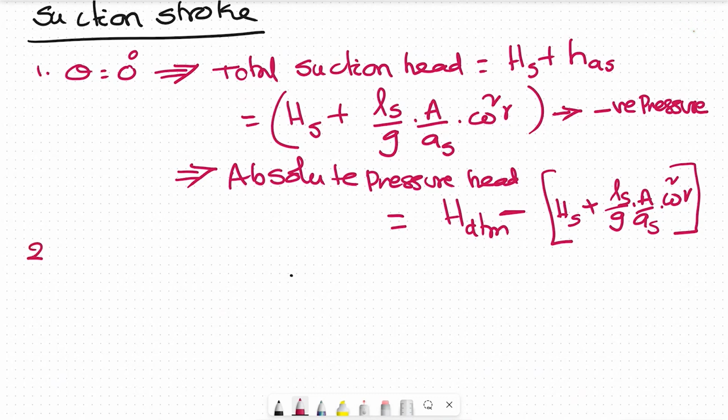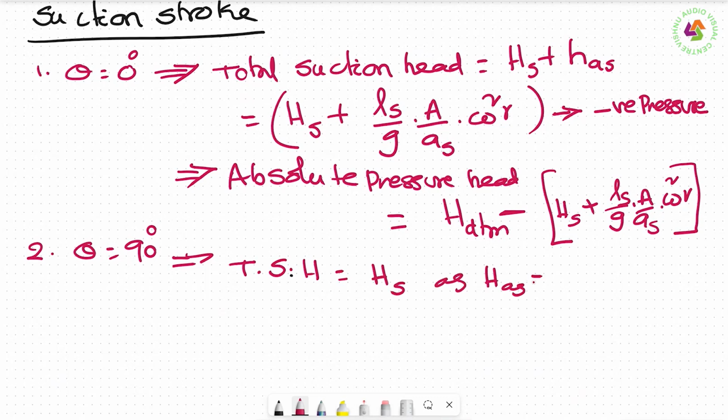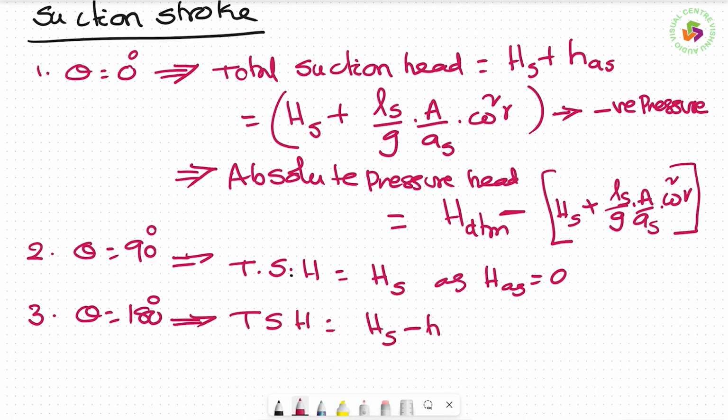Second, if I take theta is equal to 90 degrees, then the total suction head is equal to Hs, as HAS is equal to 0. Then theta is equal to 180 degrees: total suction head is equal to Hs minus HAS, which is equal to Hs minus Ls by g, A by As into omega square R.